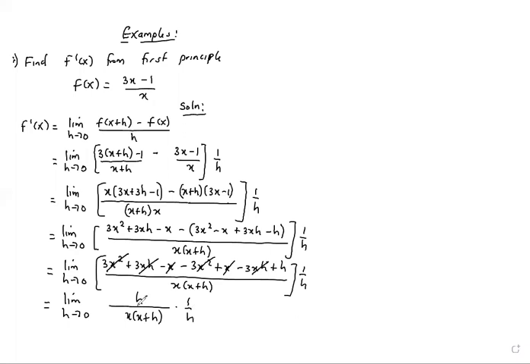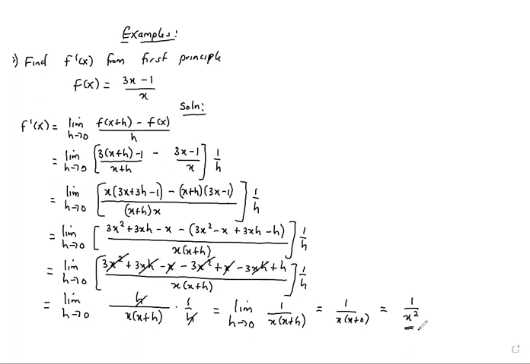So this h and this h will cancel. And then we'll get the limit as h goes to 0, 1 over x plus h, which is equal to 1 over x plus 0, which is 1 over x squared.